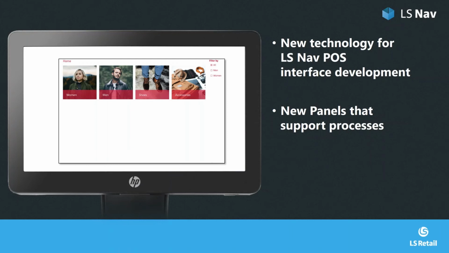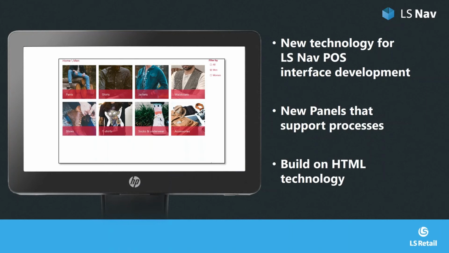And for example, if I press men's, I would then jump down to everything that is under the men's. And this is a process in that sense. It shows the hierarchy, and it's just data-driven. It takes the picture from the hierarchy and shows it. This is a little bit different from what we have been doing. And what we're doing here is the ability to have pre-programmed processes, but still allowing you to customize it if needed.